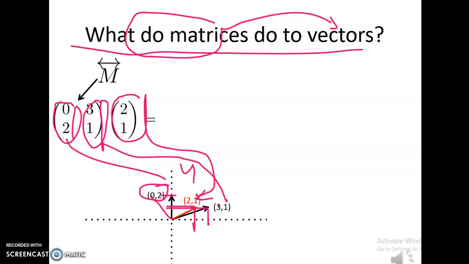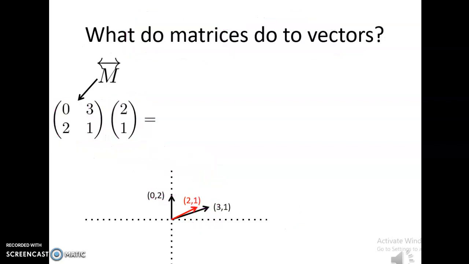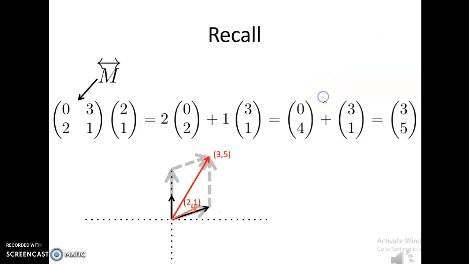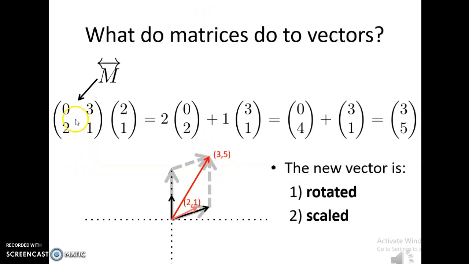This is the y axis, this is the x axis. So what will happen? Recall 0 3, 2 1 times 2 1.